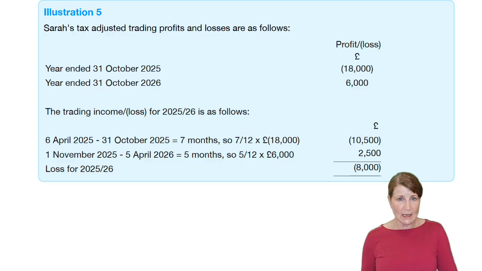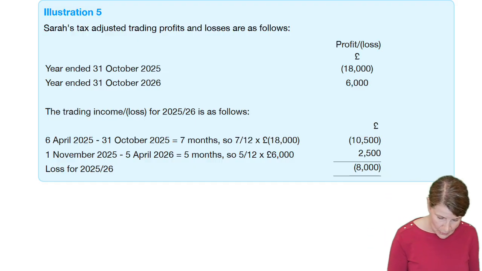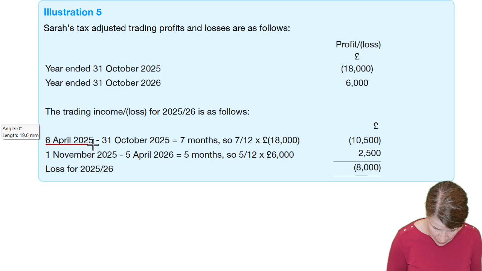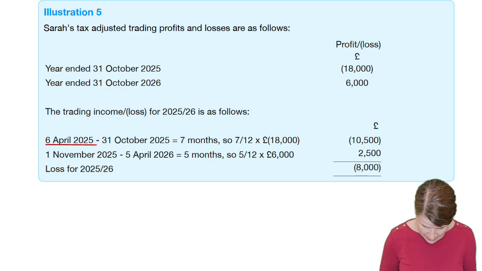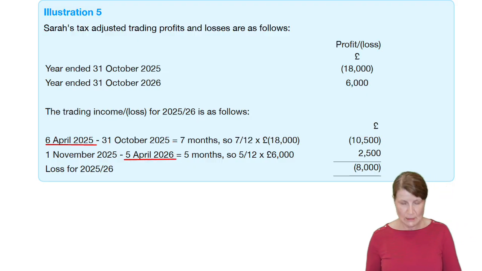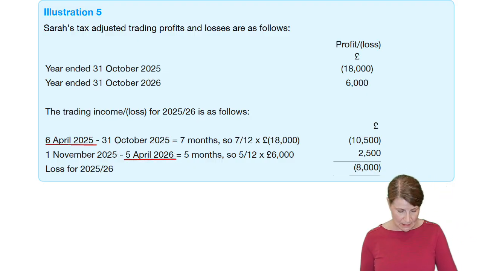So if we're looking at our assessment for 2025-26, once again, we need to know what's happened between the 6th of April 2025 and the 5th of April 2026. Now, the 6th of April 2025 is within our 12-month accounting period ended the 31st of October 2025.